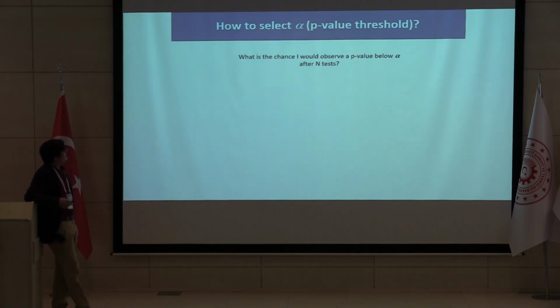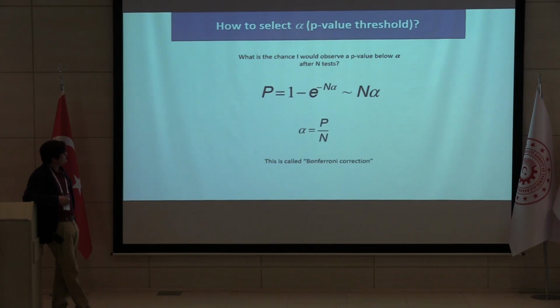The simplest idea in multiple test correction is that if I have n tests and my significance level is alpha, I'm asking for the probability that out of n tests, I never see a false positive. That's approximately linear in the number of tests. So I can do the correction, which is my traditional threshold divided by the number of tests I run. That's called Bonferroni.